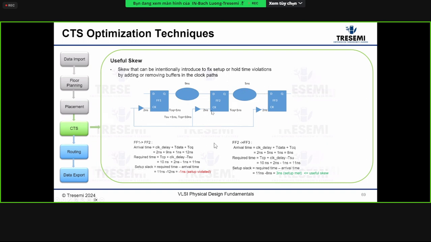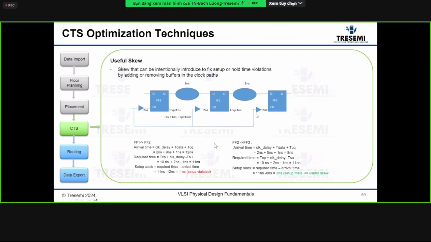We know the clock period is 10, so the required time here is clock period plus clock delay of 2, which is 12, minus setup time. So that's 11. Setup slack equals required minus arrival time, 11 minus 8. So the data arrives at 8, and we have 3 nanoseconds of setup slack.